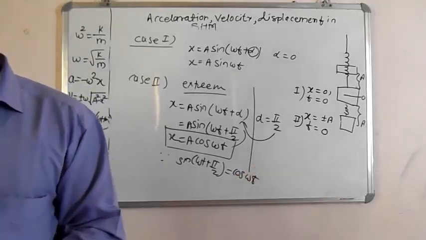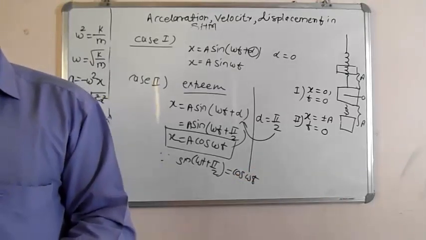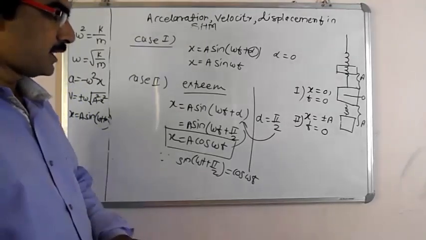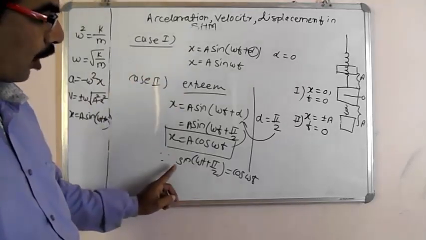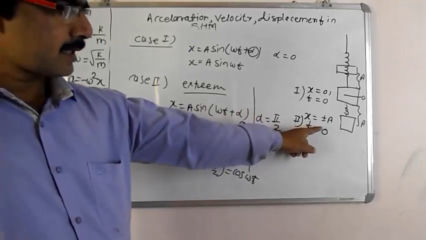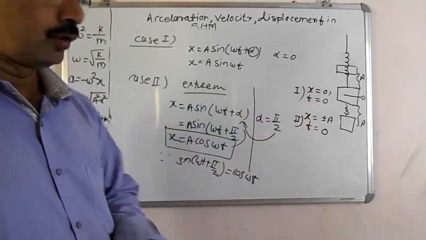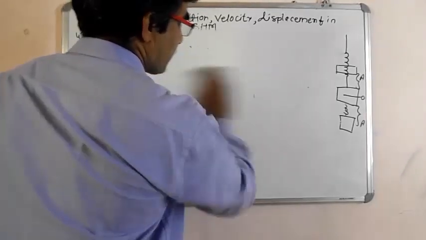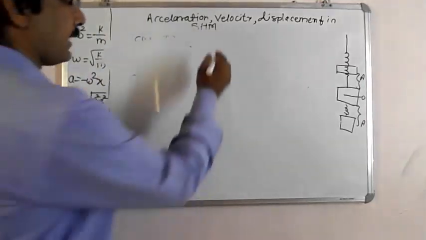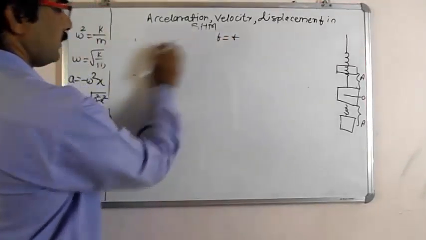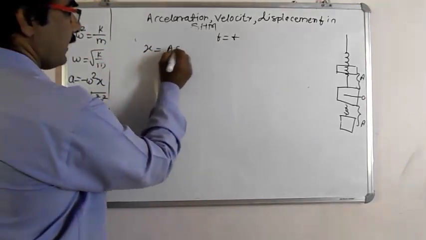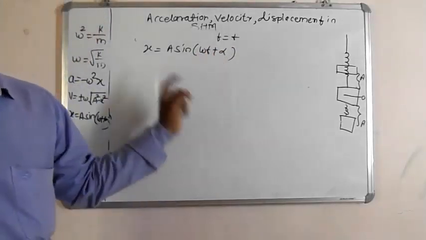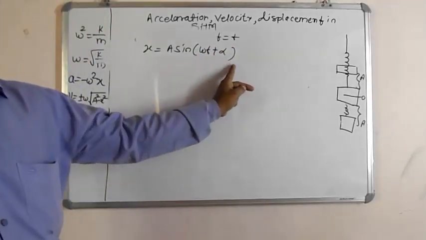Okay. Now we have to find the equations for displacement, velocity and acceleration at any time t. These are the equations when the particle starts from extreme position at t equal to 0. Now at any time t, x equal to a sine of omega t plus alpha, the equation for displacement.